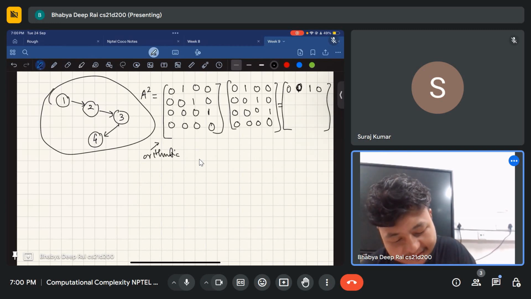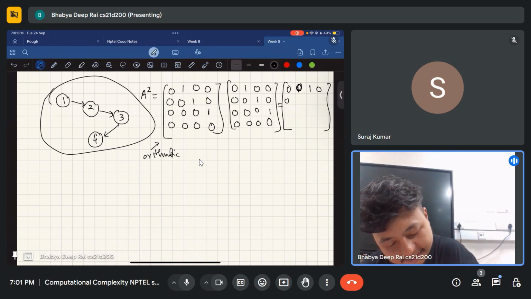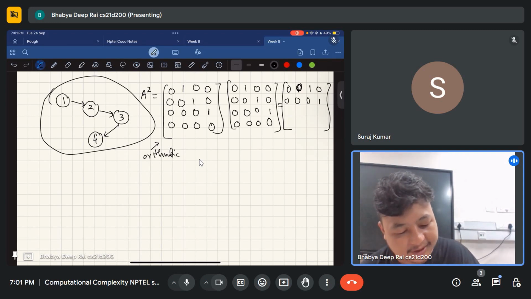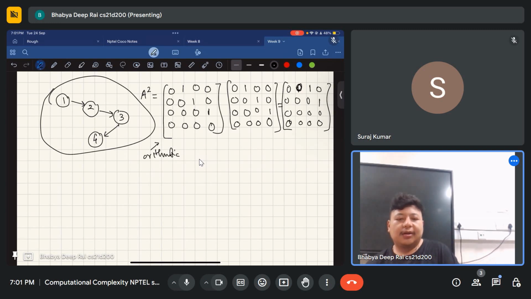Now second row and first column will be a 0. Second row, second column will also be a 0. Second row, third column will also be a 0. Second row, fourth column will now be a 1. And now if you try multiplying, the rest will all be 0. So this is to reach from U to V in 2 steps.